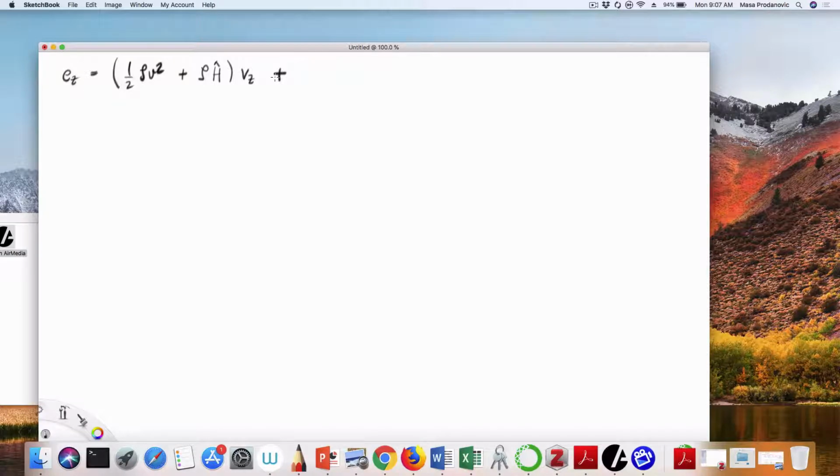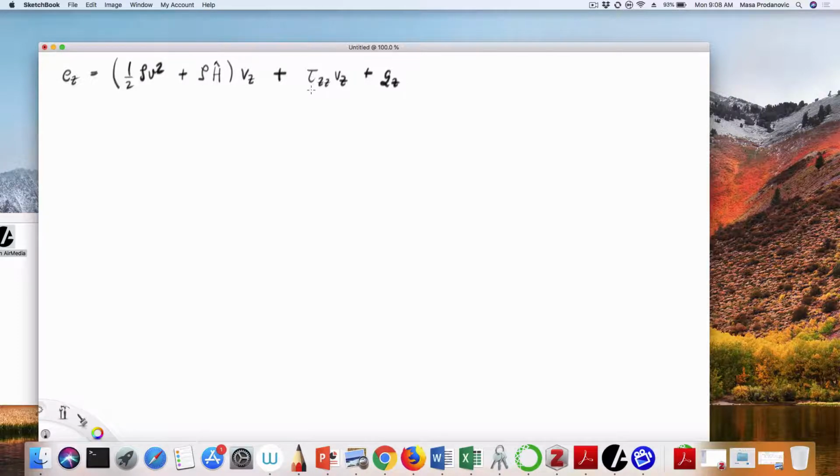Plus tau. In this case, the Z component would be simply tau ZZ VZ. So this is the Z component of tau dot V, and plus QZ, the Z component of Q. Cool.